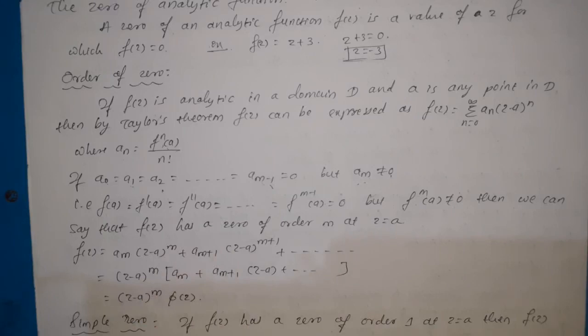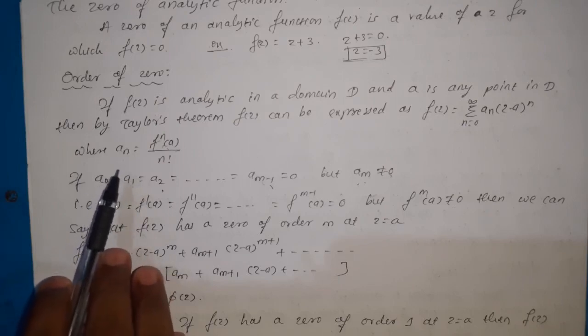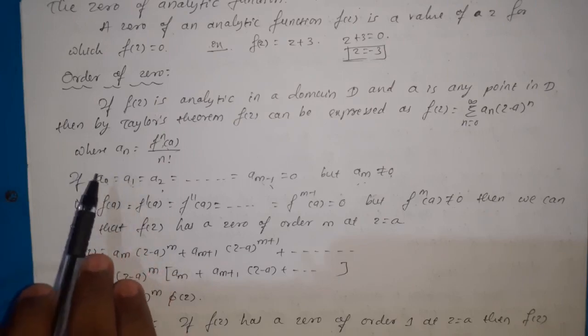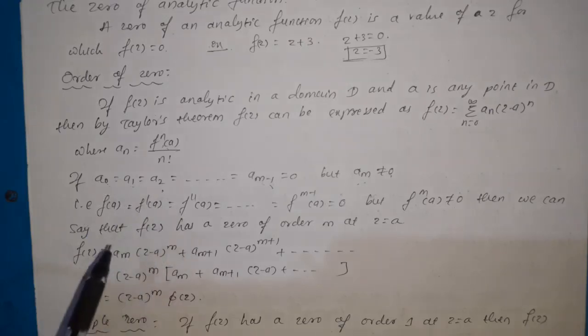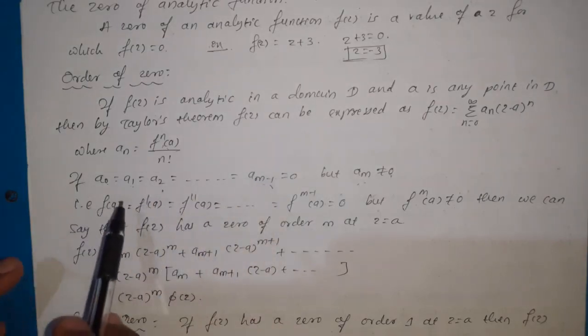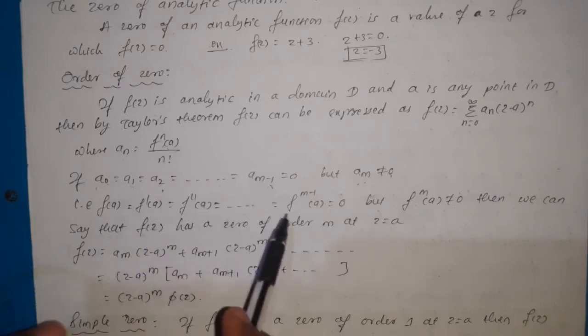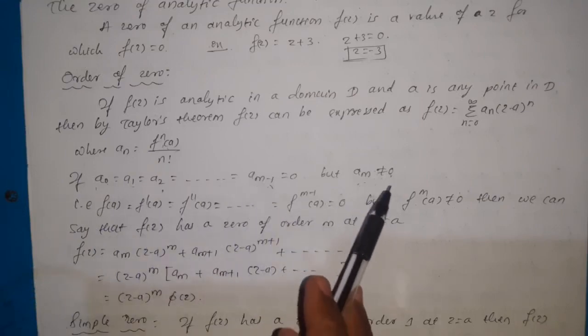So while defining the order of zero, we are concentrating on the value of a_n for which a_n is 0, and its order can be considered as the order of the derivative. Here all the preceding values a0, a1, a2 and so on up to a_(m minus 1) are 0, but only a_m is not equal to 0.